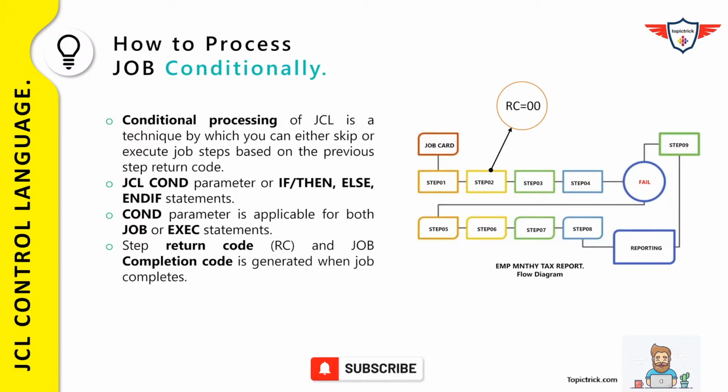Similarly, a job completion code is generated when a job is completed. If the job ends normally, the completion code is 0, and in case the job fails due to some reason, then the completion code consists of a 3-digit code with a prefix of S. In this case, it can also be called an abend code.